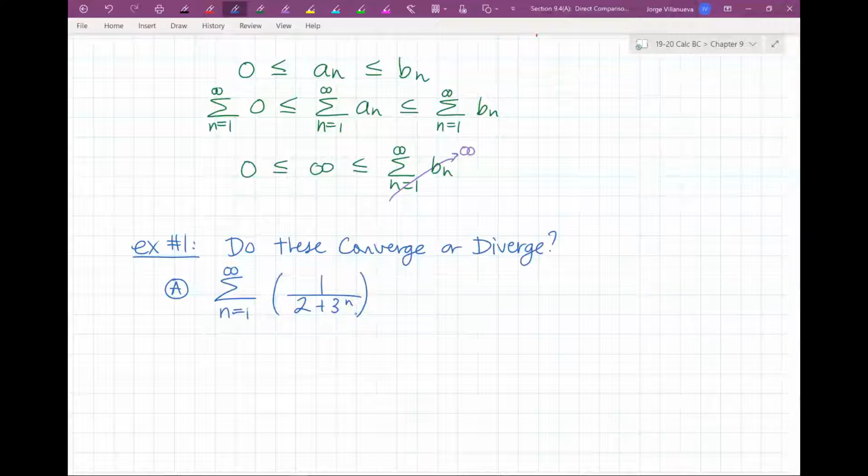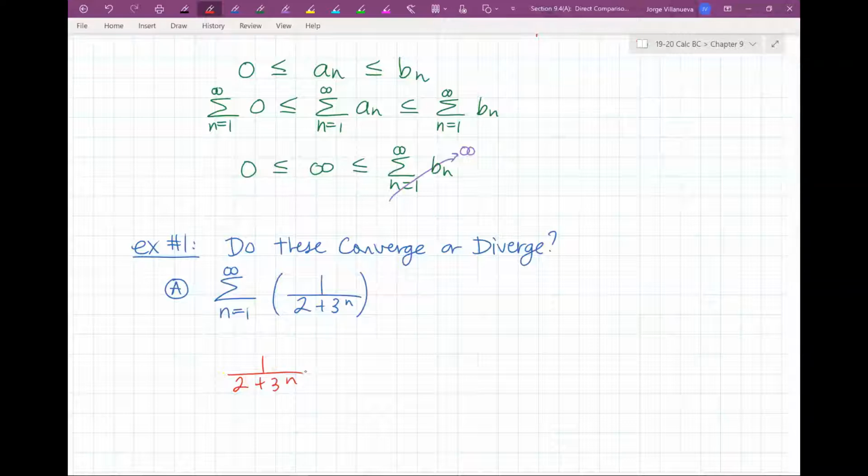So the question here is, is that a sub n or is that b sub n, right? And we actually don't know until we start to compare it with stuff. So usually what you do is you say, okay, do I have something that I can compare this function to? Okay, so 1 over 2 plus 3 to the n. What function can I compare that to?